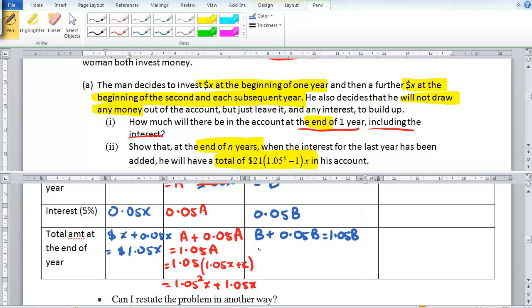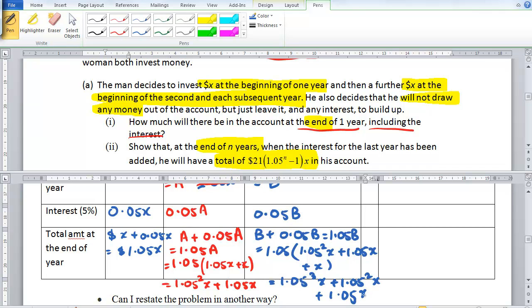And when I sub in what he has at the beginning of the year, we will have 1.05 square x for B plus 1.05x plus x. So eventually for year 3 we will have 1.05 power 3x plus 1.05 square x plus 1.05x.